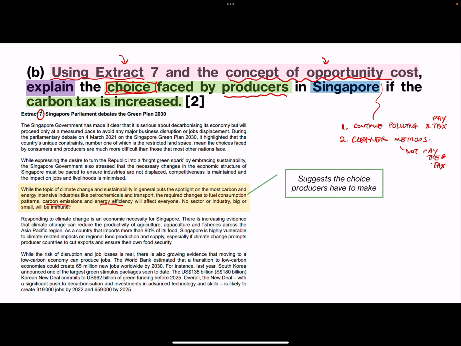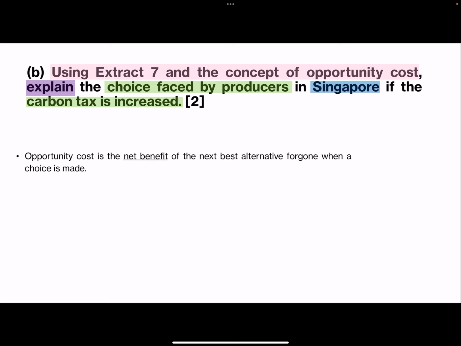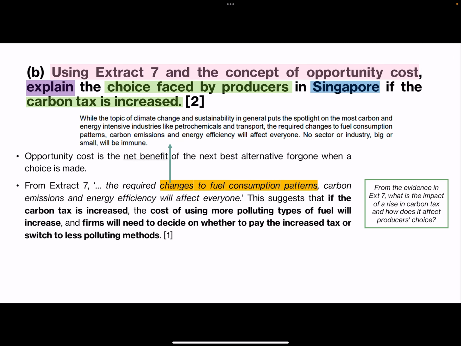Okay, so let's have a look at the answer. Opportunity cost is the net benefit of the next best alternative foregone where a choice is made. So you want to start by defining it first. We looked at extract 7 already, but the idea is there is a change in fuel consumption patterns.